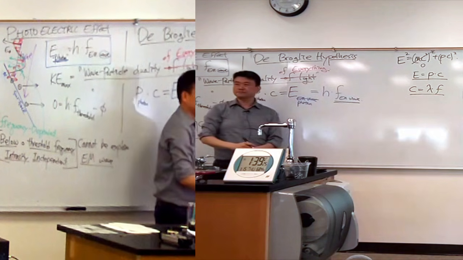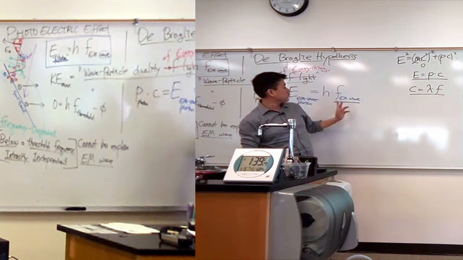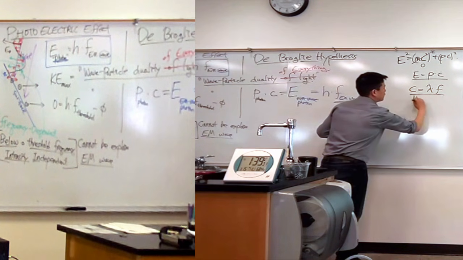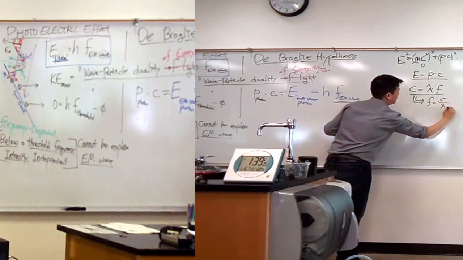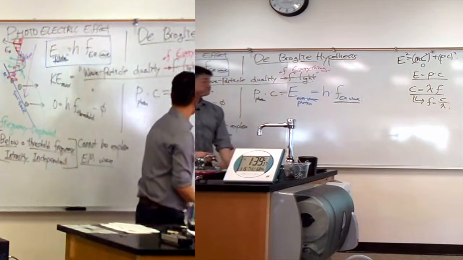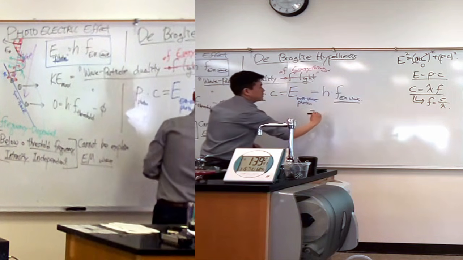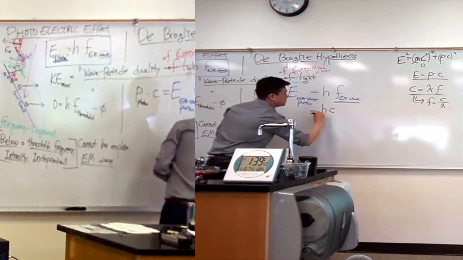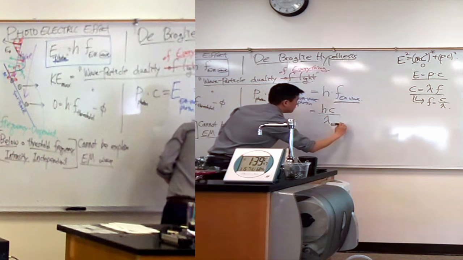People remember that? So solving this for frequency, f is equal to c over lambda. Plugging that in, what you have is h times c divided by the wavelength of the electromagnetic wave.